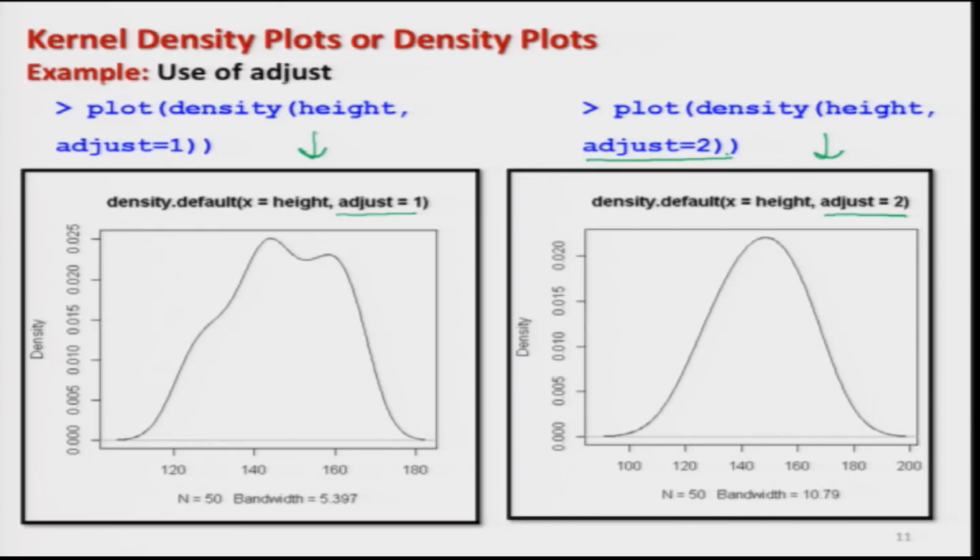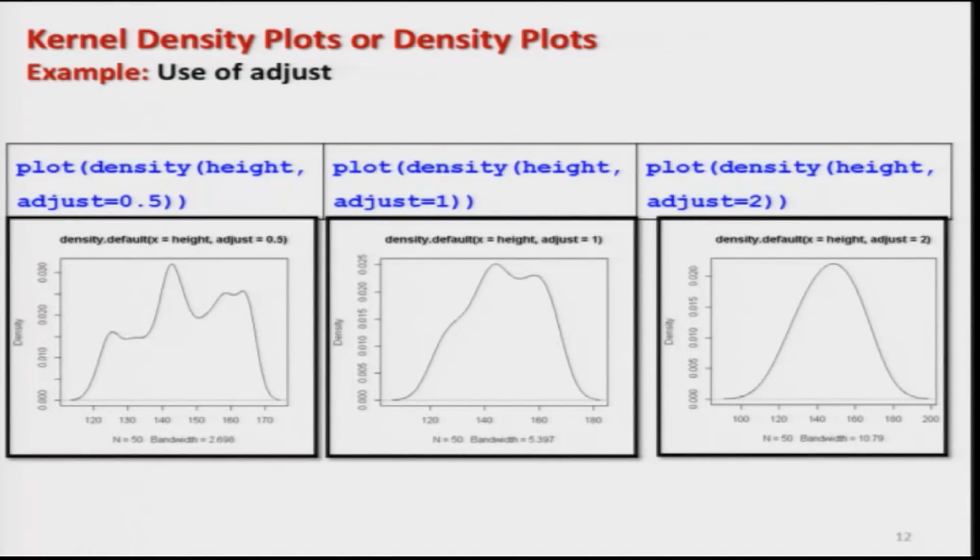You can see here with adjust equal to 2, this is more like a Gaussian curve or normal curve, because the bandwidth has increased from 5.397 to 10.79, nearly double. So, this is how you can play with your adjust parameter.